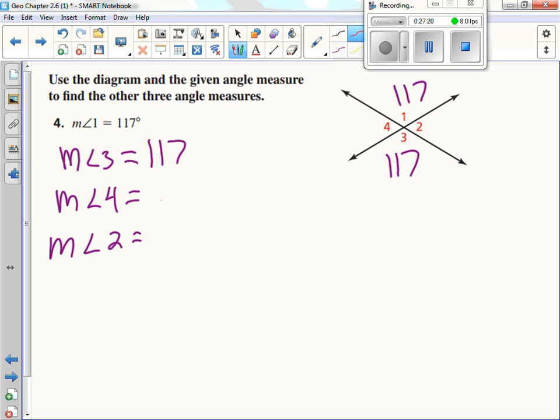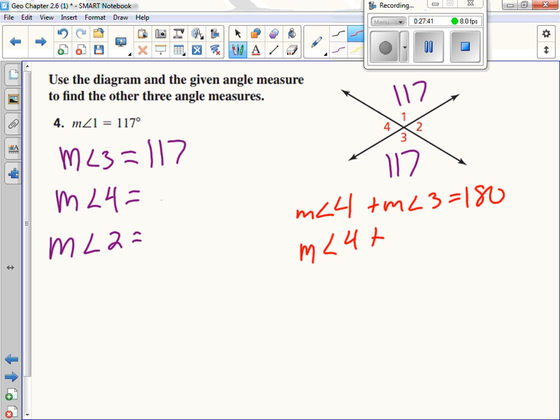We could do that. What do we know about 4 and 3? Do they make a straight line? Yes. So 4 and 3 add up to be 180 because they are a linear pair. Since 4 and 3 make a straight line, the measure of angle 4 plus the measure of angle 3 equals, well, I know the measure of angle 3.